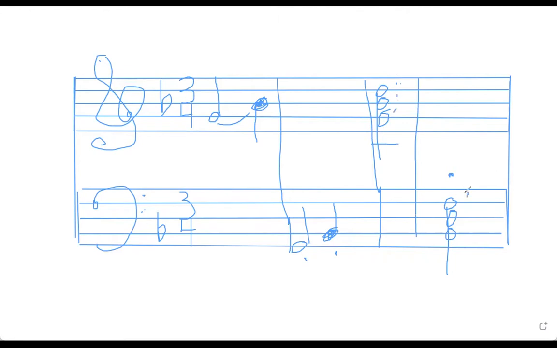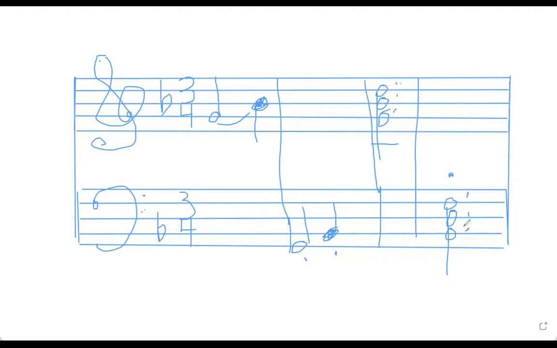So there is a piece in F major. It's got an F major key signature and a triple meter time signature. 1, 2, 3. 1, 2, 3.